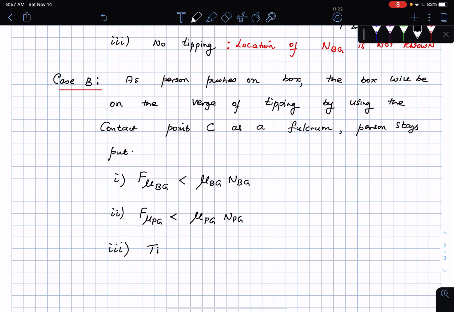Tipping possible, which tells me that the location of the normal force is now known.